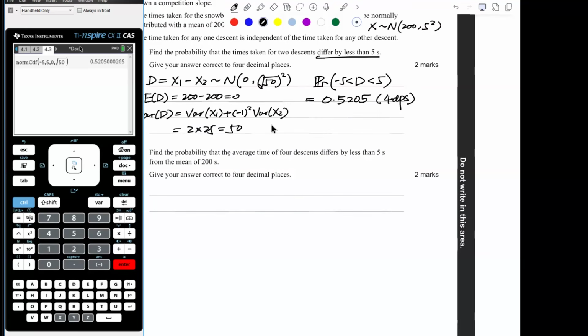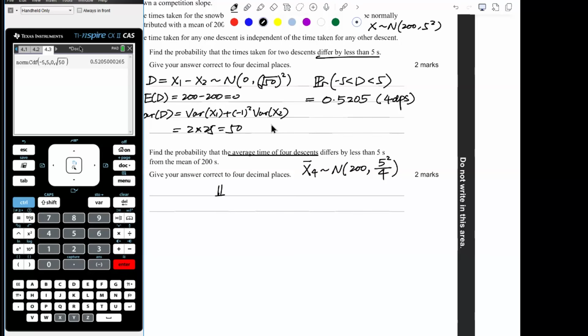Find the probability that the average time of 4 descents, so this is talking about a distribution, X bar 4, normal distribution. This time is one single variable, the average, so the mean is 200, and the variance will be sigma squared divided by n, which is 4.